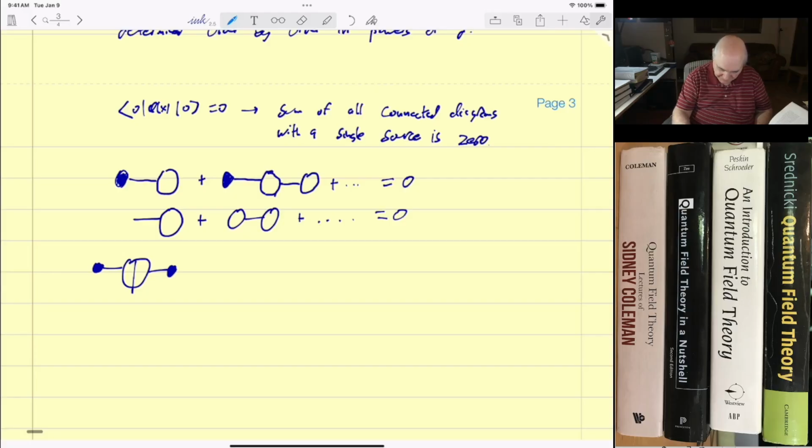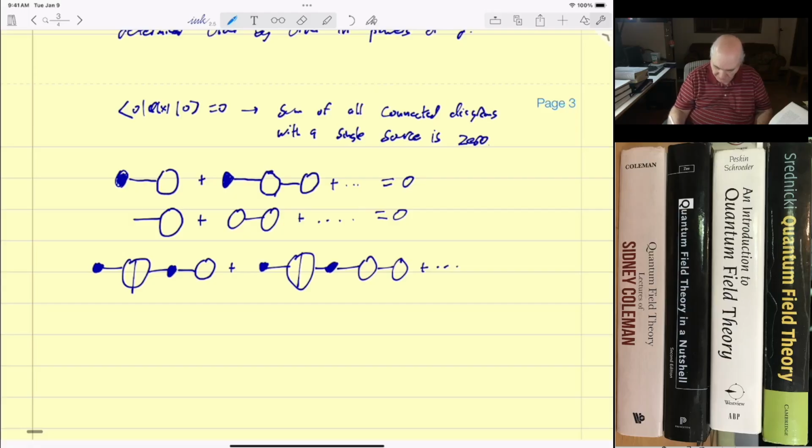We combine it with, let's say, this and this.